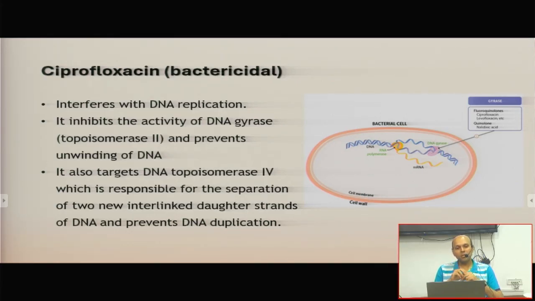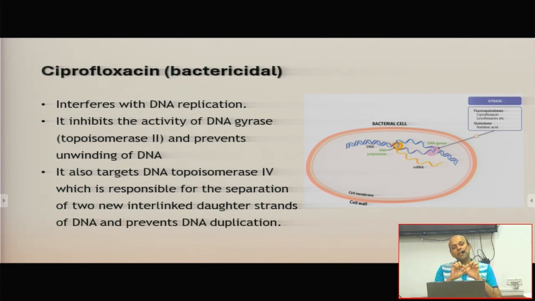The second one is it also targets topoisomerase 4. Topoisomerase 4 is encoded by the parC gene. It is not written over here. ParC is for partitioning. When the two DNA strands are separating like that, there is again stress for separation.